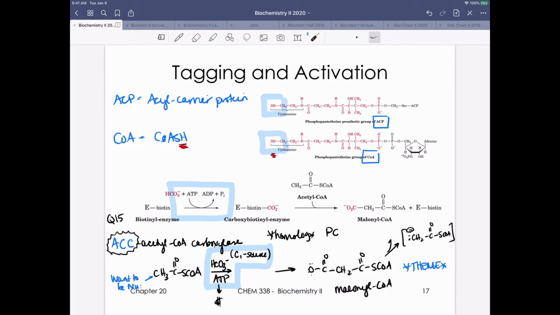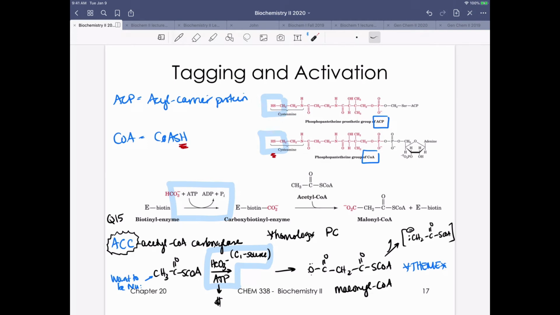We need to get it onto acyl carrier protein, okay? Because acyl carrier protein is one of the machine shops, if you will, in our giant fatty acid synthase factory. So we need to do one of those trans-thioesterification reactions to get our acetyl group onto ACP, onto acyl carrier protein.